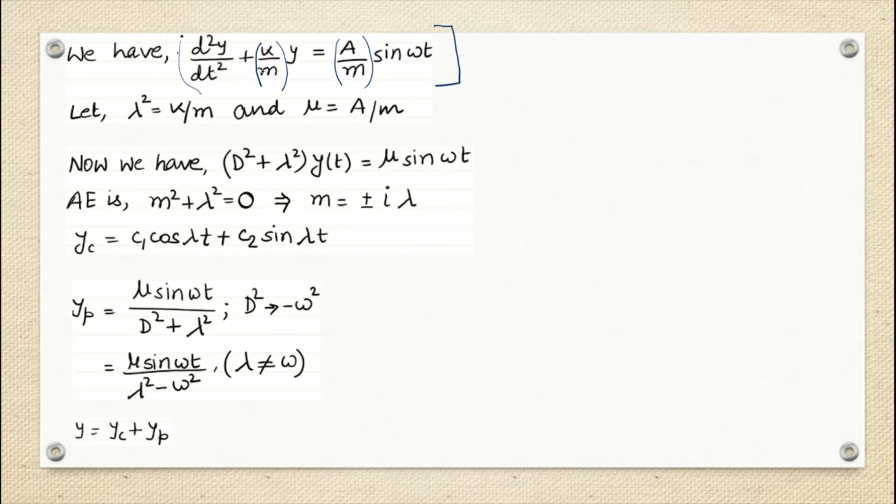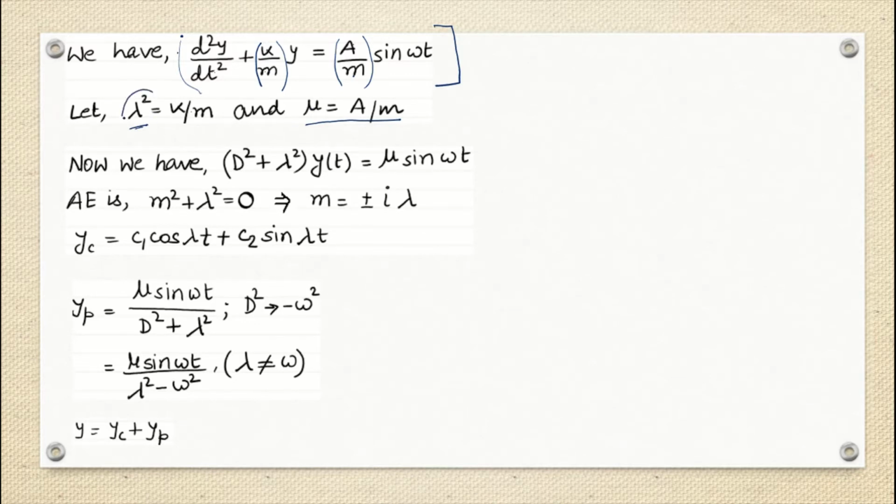Now we write k by m as lambda square and a by m as mu. A, m, and k are constants, so instead of writing k by m or a by m every time, we replace them with lambda square and mu respectively.